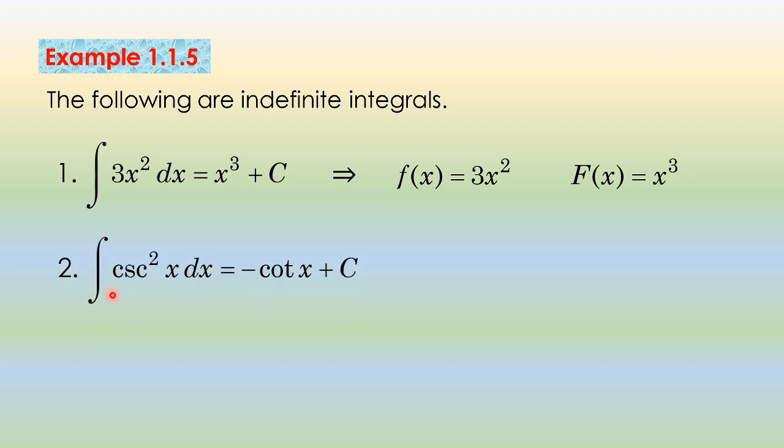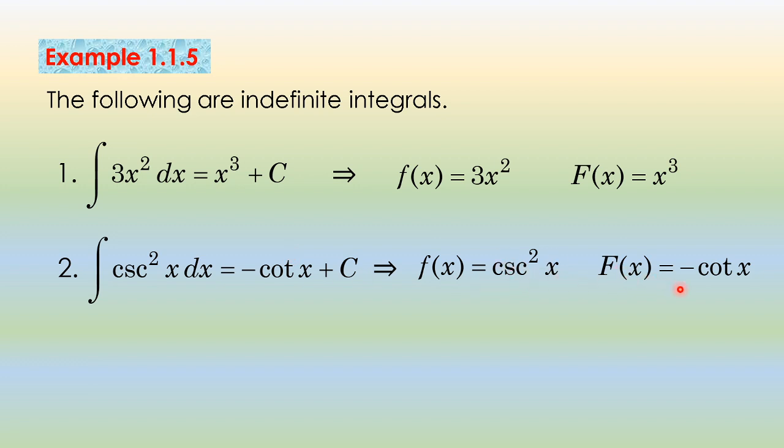Second, the integral of cosecant squared x dx is equal to negative cotangent x plus c. Here, the small f of x is equal to cosecant squared x, and the big F of x is equal to negative cotangent x.